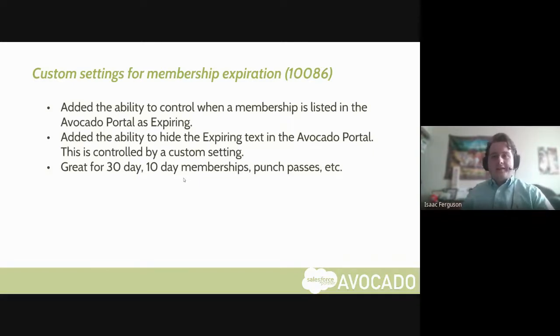We did have a default 90-day notice for expiry. Great for your year memberships, but it didn't really apply to these shorter term ones. We want to give you the control to choose how and when your clientele see when their memberships are expiring in the portal.